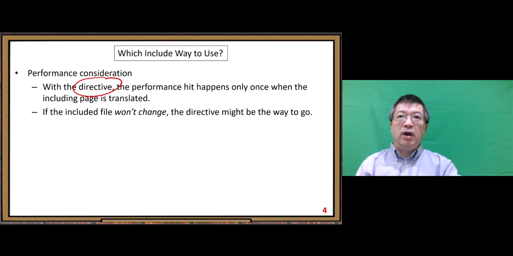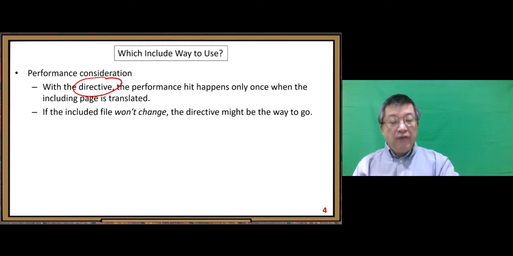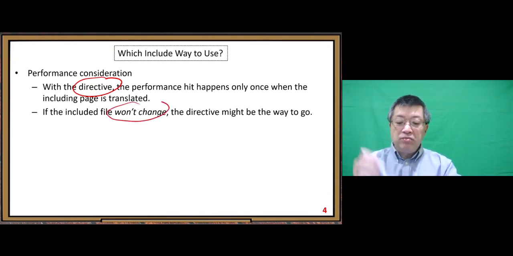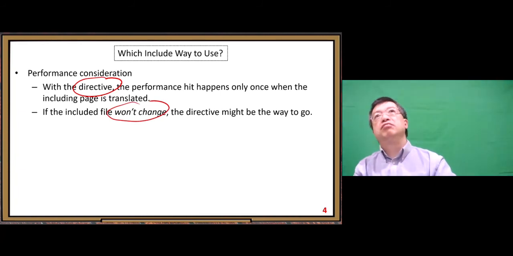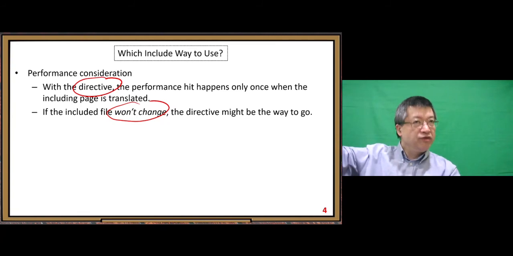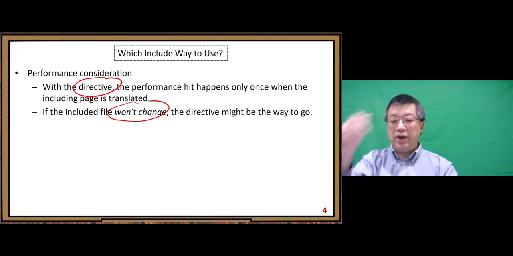But there is some limitation for this way. If the included file won't change, pretty much fixed, and you do not need to change it frequently, then this way is better.